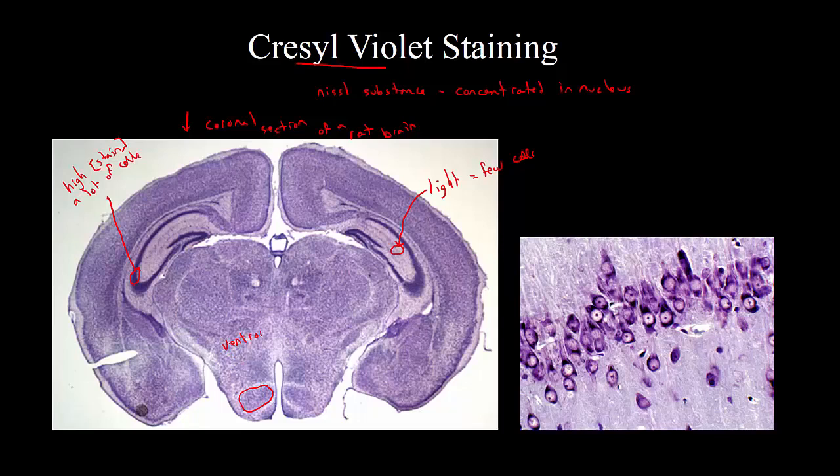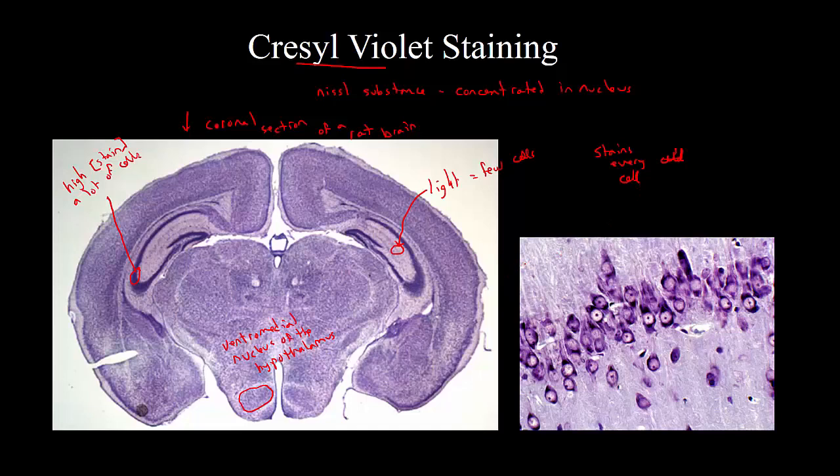This is going to actually be the ventromedial nucleus of the hypothalamus. All right, the important point to note, though, is that you can see this cluster of cells compared to the area around it. Okay, so Cresyl violet stains every cell. So this is going to be good for cell counts.